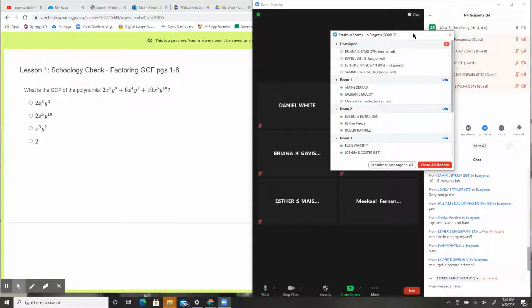So you can eliminate the choice that doesn't have a 2, and then you need an x to the 3rd power, so you can eliminate the choices that don't have the x to the 3rd power. There's only 1 choice with a 2 and an x to the 3rd power. That's your right answer: 2x cubed y squared.